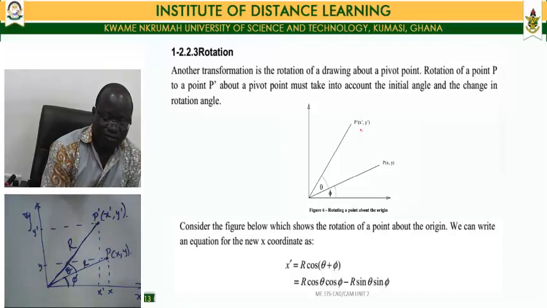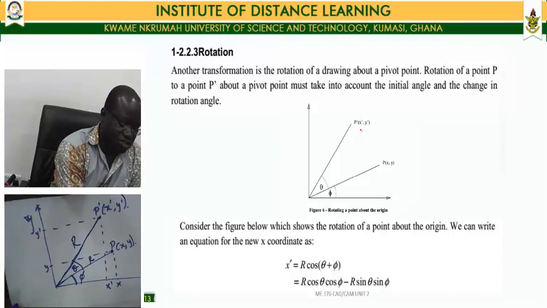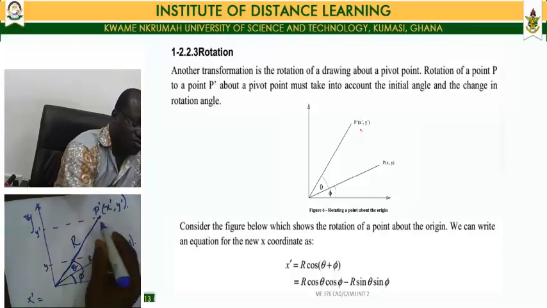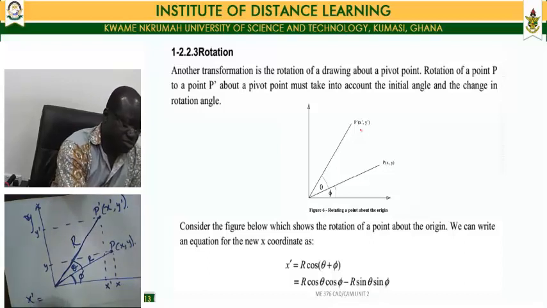Now, if you want to write the x-coordinate value for this transformation, you can basically see that x prime is the horizontal side. So, if you remember your simple trigonometry relation, this is the adjacent.